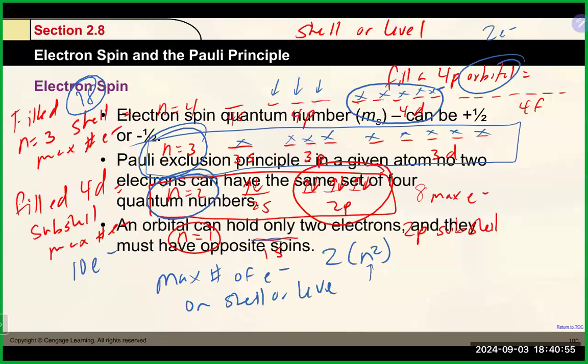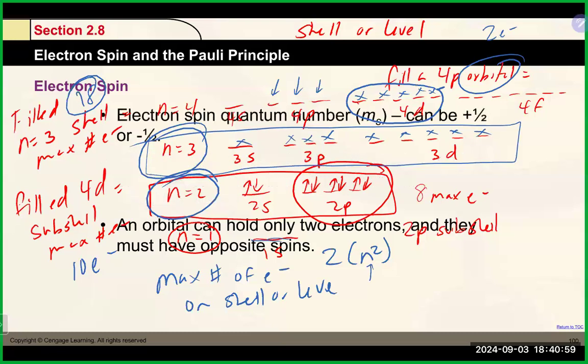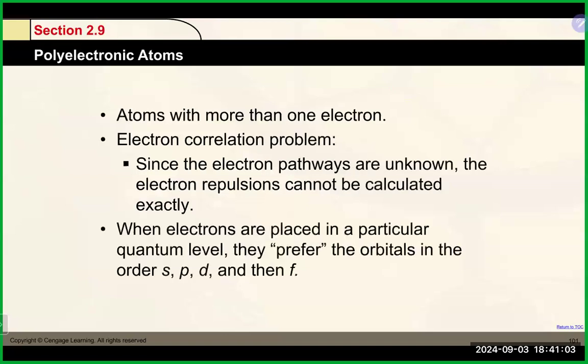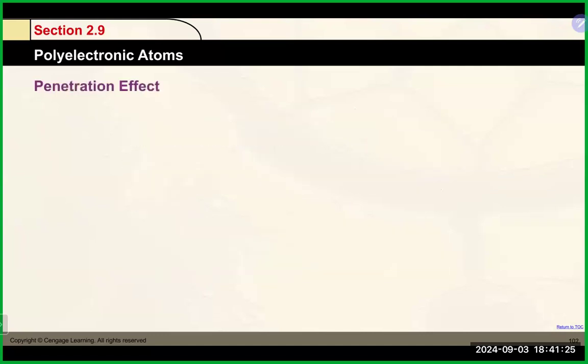We talked about our spin quantum numbers and Pauli's exclusion rule as we were going through our electron configuration. As we talked about, for atoms with more than one electron, the electron pathway is unknown, and a lot of the negative-negative repulsion moves things around our orbitals, which gives us a special order at which we should put electrons into the atom.